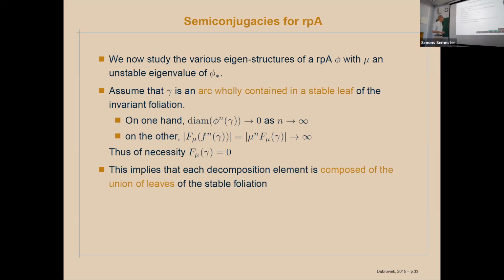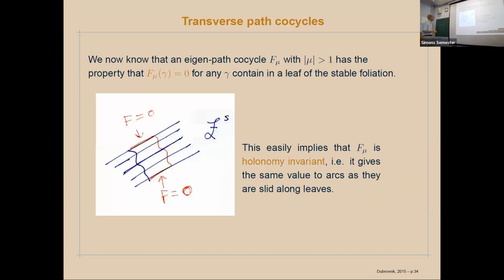What that tells you is that the decomposition elements look like this picture: typically a union of stable leaves, a Cantor set cross a Cantor set across the leaves. So this is the first observation, that if you are in a stable leaf, then your value must be 0, because this eigenvalue is bigger than 1 in absolute value.